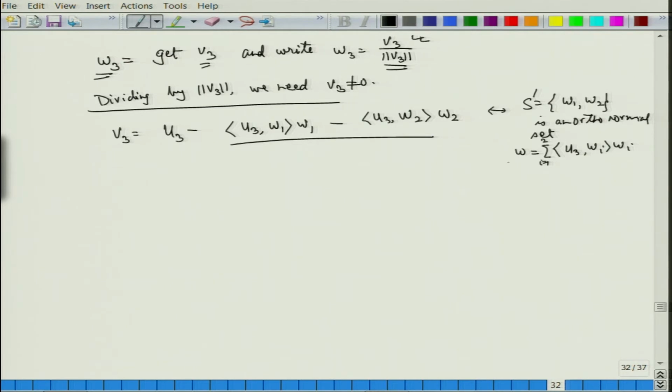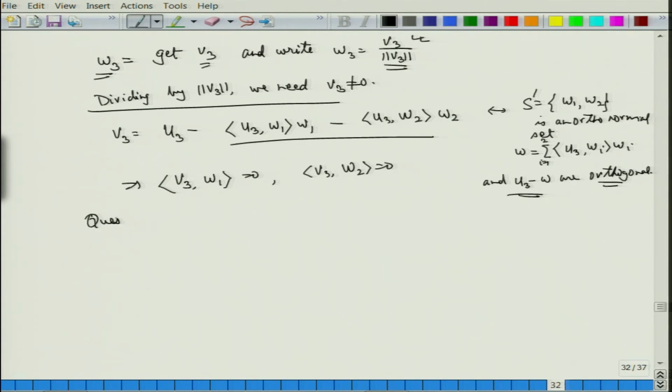So, what we know is that W and U3 minus W are orthogonal. Also, from this part I get that V3 with W1 is 0, V3 with W2 is 0.